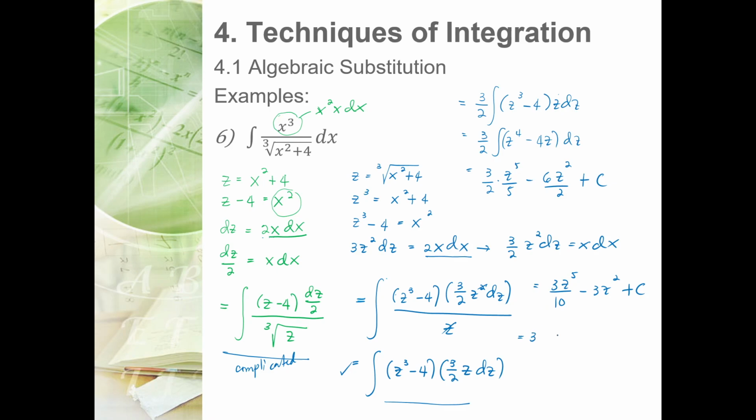So 3 times x squared plus 4 to the 5/3, over 10, minus 3 times x squared plus 4 to the 2/3 plus c. So that is the final answer.